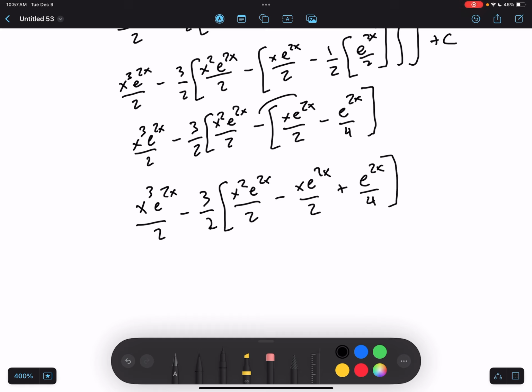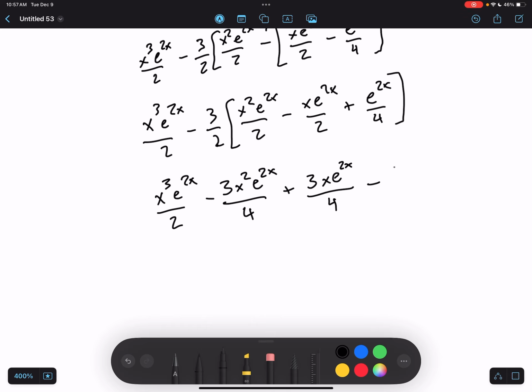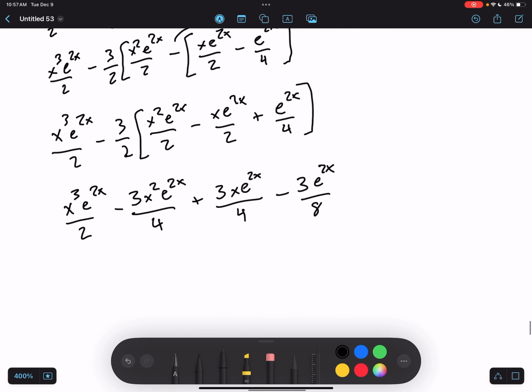And then we'll just multiply each of these by negative 3/2. So then we've got x cubed e to the 2x over 2 minus 3x squared e to the 2x over 4 plus 3x e to the 2x over 4 minus 3e to the 2x over 8. All of this, again, don't forget to do the plus c at the end.